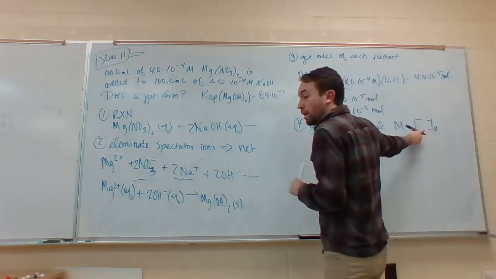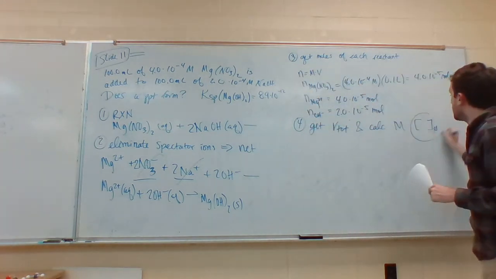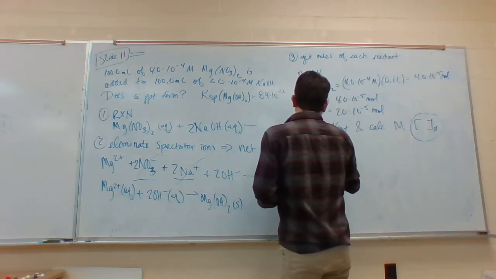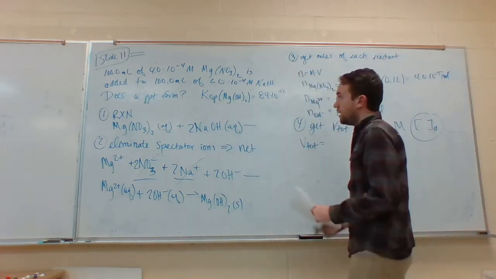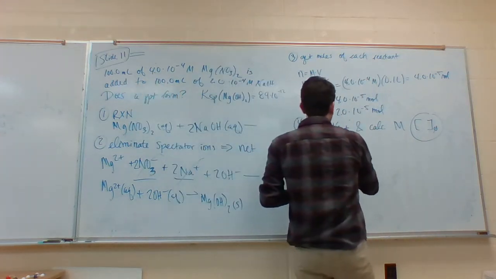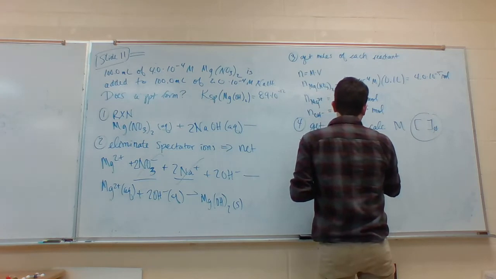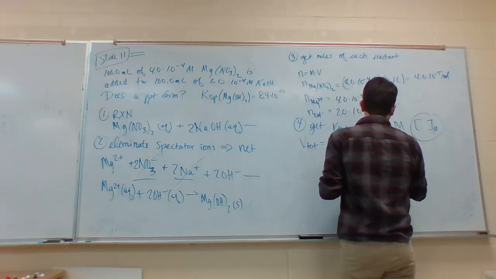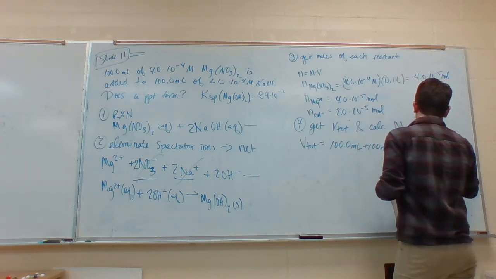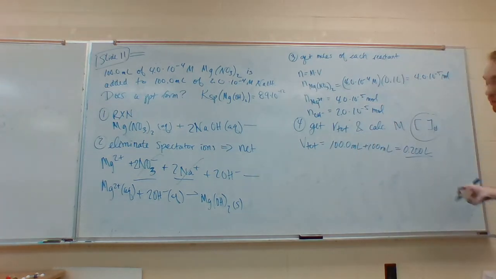And again, when we're calculating Q, we're going to need our initial concentrations. Now, our total volume shouldn't be too hard. It's going to be 100 milliliters plus 100 milliliters, which is equal to 0.2 liters, or 200 milliliters.